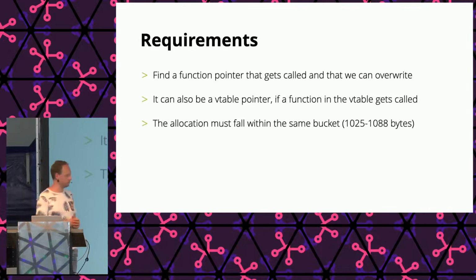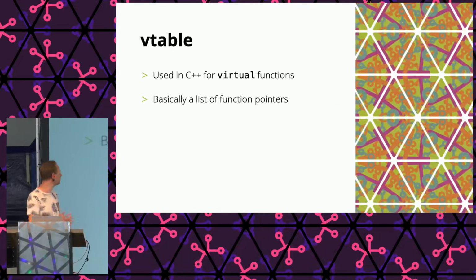A vtable is something specific for C++, but due to the fact that Zoom is written in C++, overriding a vtable pointer is a valid option as well. The only constraint is that the allocation must be within the same buckets, of course, because otherwise we couldn't override it. So let's look a little bit closer at what a vtable actually is.